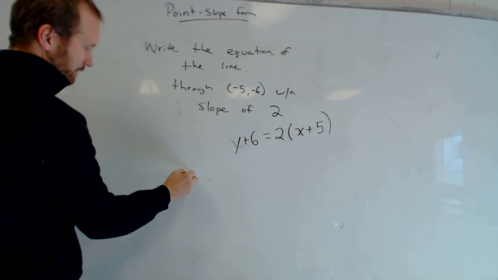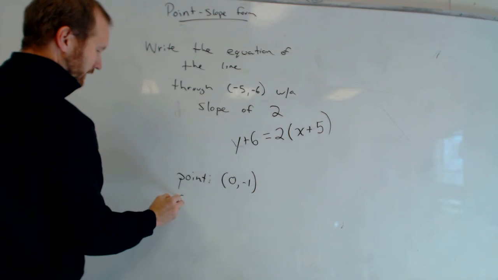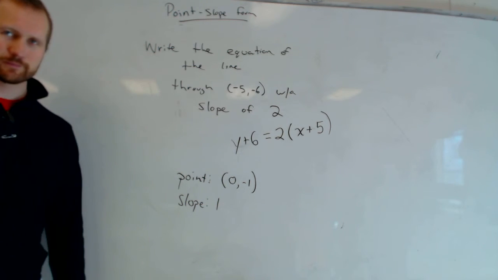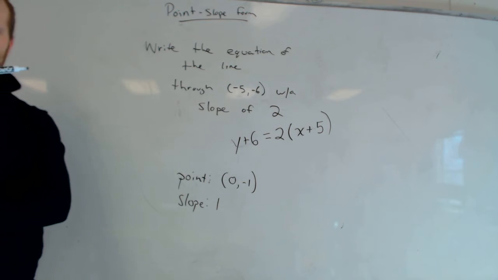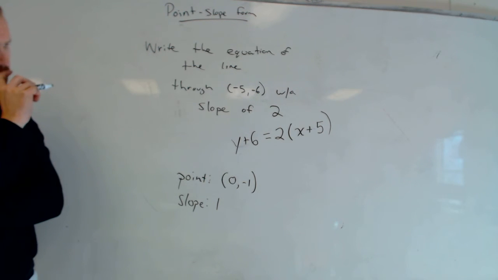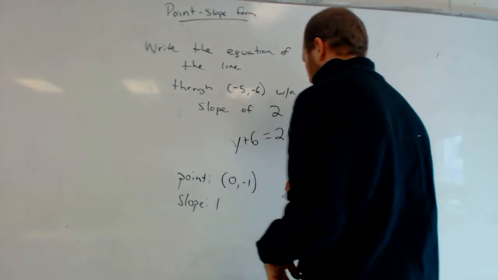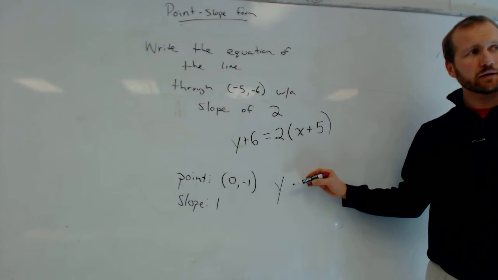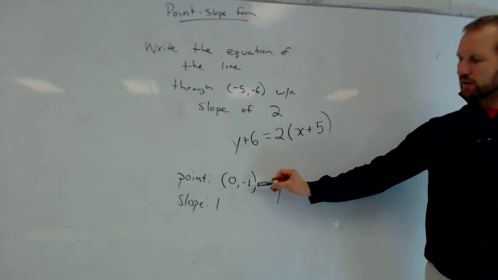Point 0 comma -1. Slope 1. Write that equation. What would it be? y minus or plus? y plus 1, right?